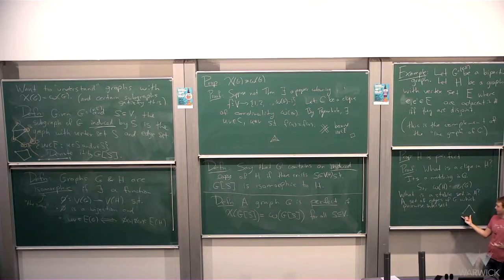This would make an odd cycle. So the only way to have another edge intersecting both of them is to make it use the same vertex. So the stable sets all look like this. Stable sets of H are sets of edges in G which share a vertex, and it might be on either side of the bipartite graph.